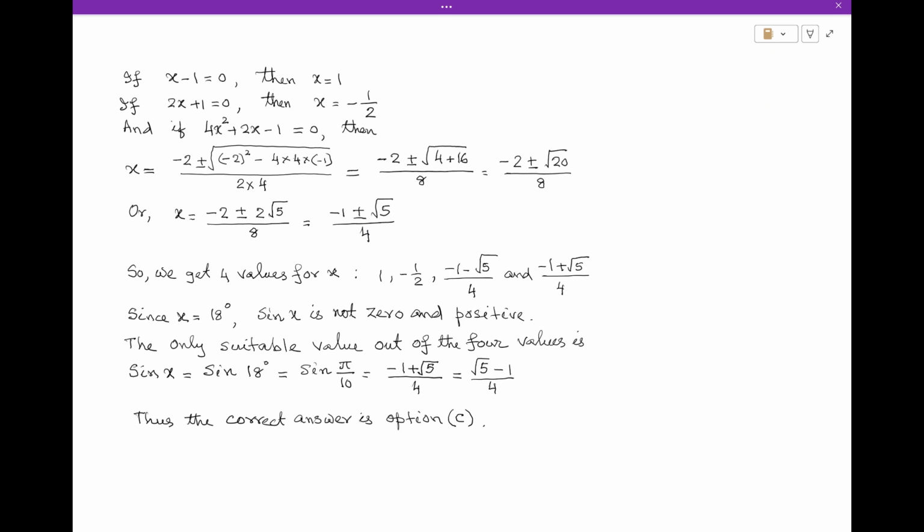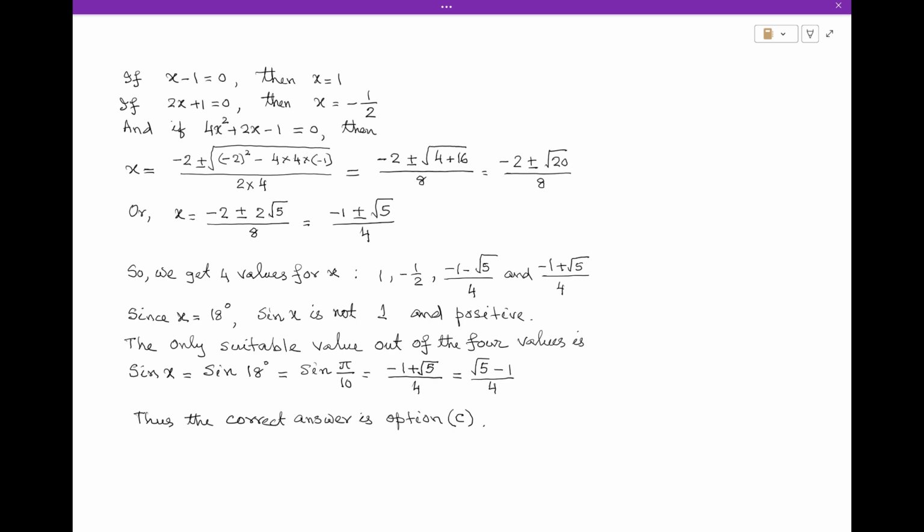So we get 4 values for x, that is 1, minus half, minus 1 minus square root of 5 divided by 4, and minus 1 plus square root of 5 divided by 4. Since x is equal to 18 degrees, sin x is not 1 but is positive.